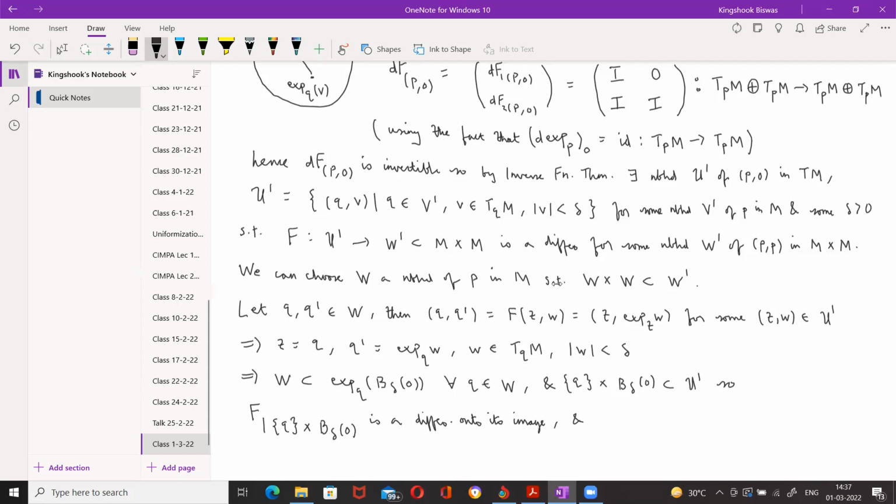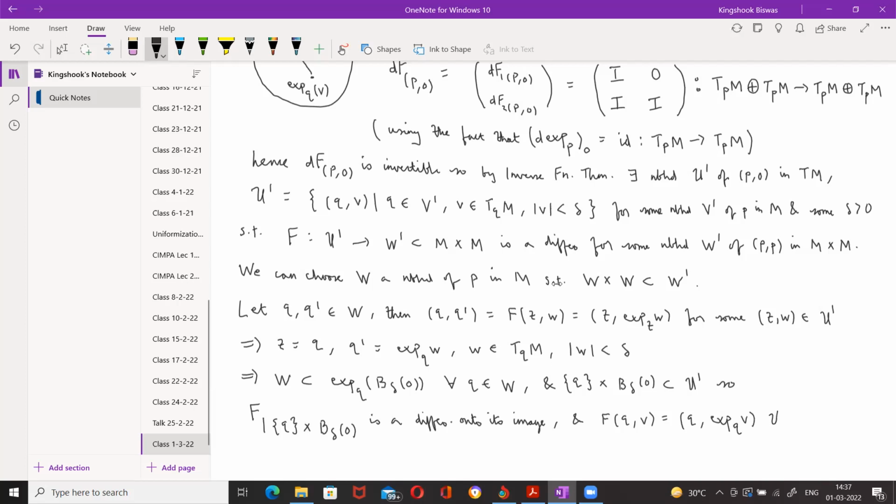And F of (Q, V) is equal to (Q, x_Q of V). So if this is a diffeomorphism, here Q is fixed, only V is varying.